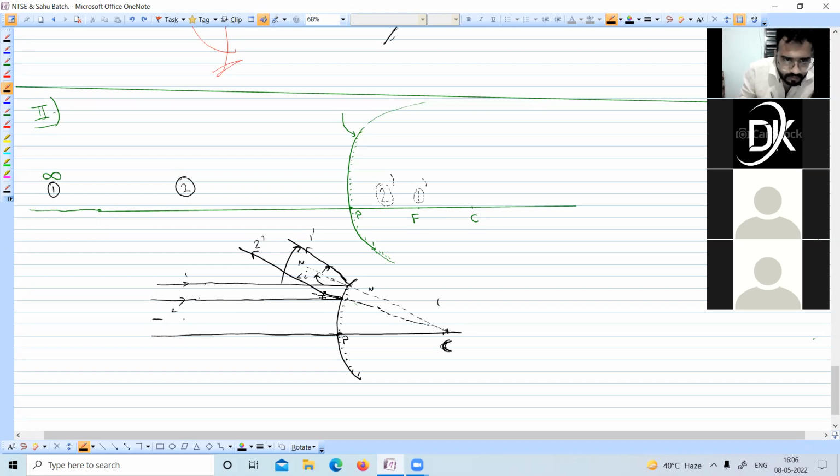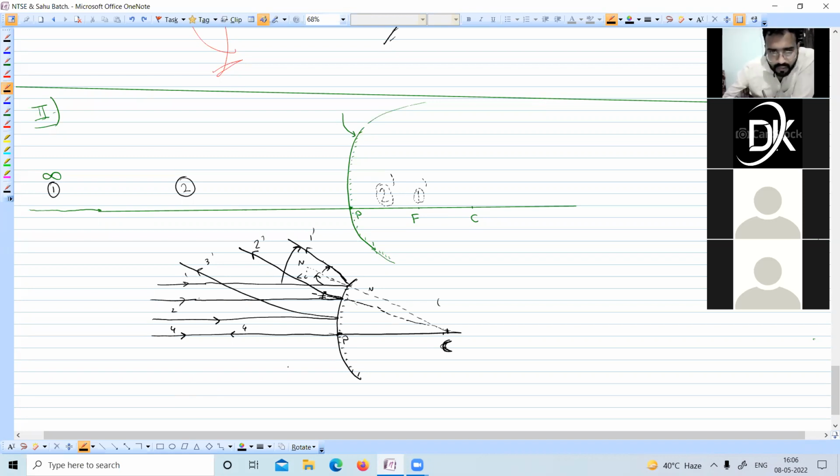Again, this is the third ray. You will get 3 dash, which will have the least divergence. Again, the fourth ray is along the principal axis. You will get no divergence, or divergence as a 180-degree angle, because incident and reflected rays are both in opposite directions.